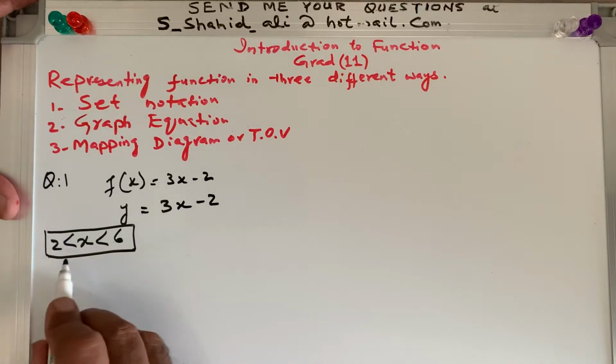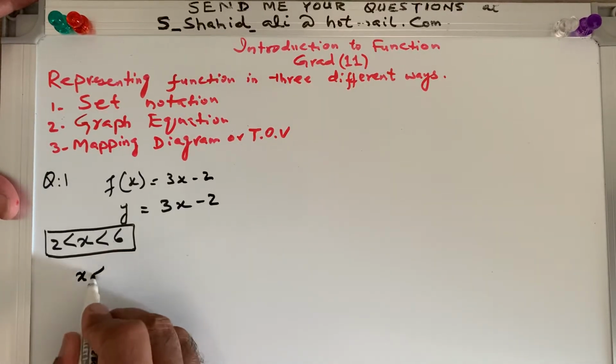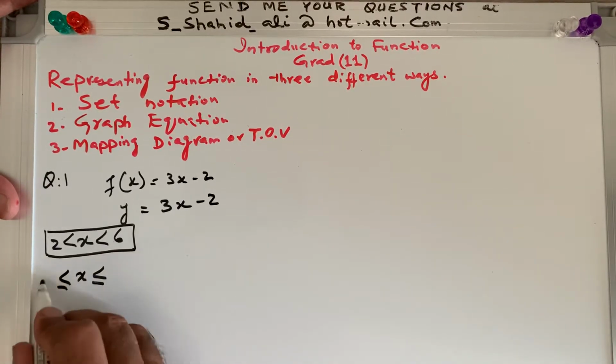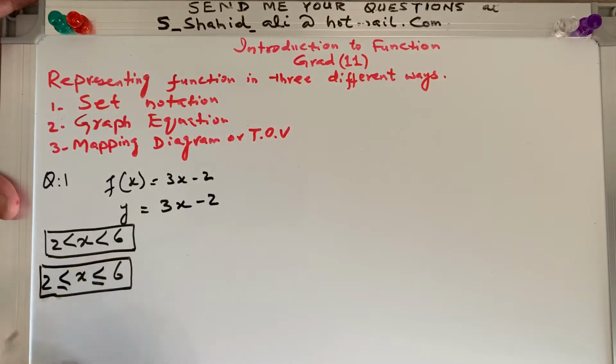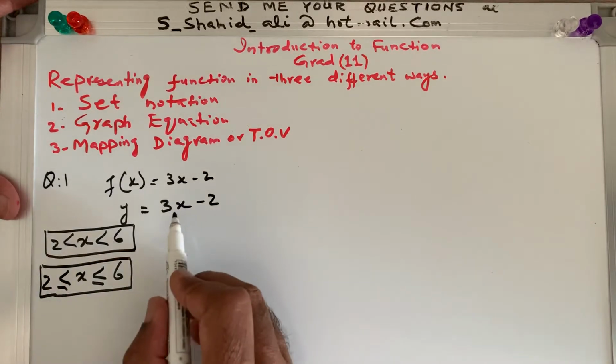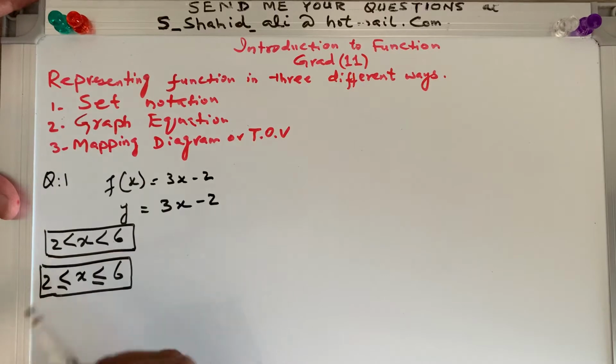If we have in between 2 and 6, I cannot include 2 and 6, because if I include them, the condition will be like this. If the question says like this, then I can include the value of x as 2 and 6 as well. But here there are limited values, right?